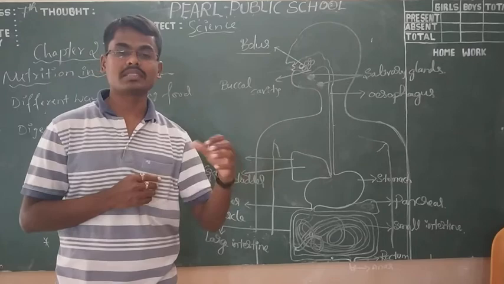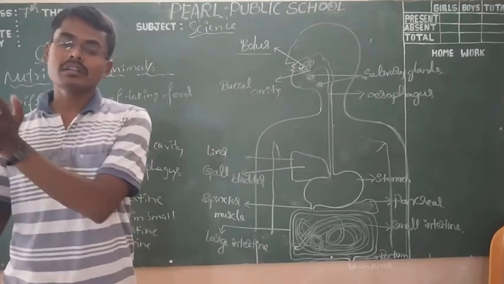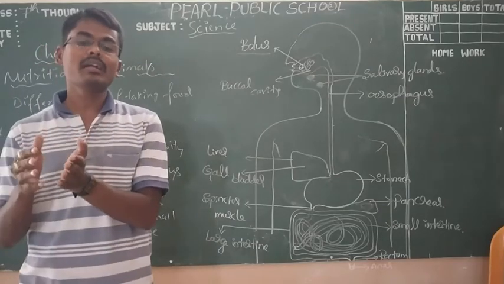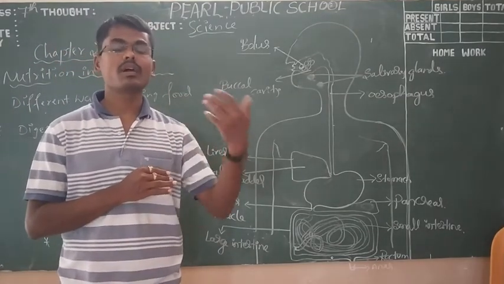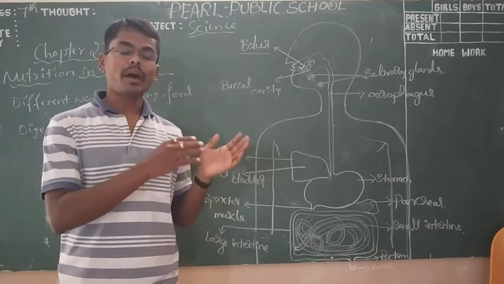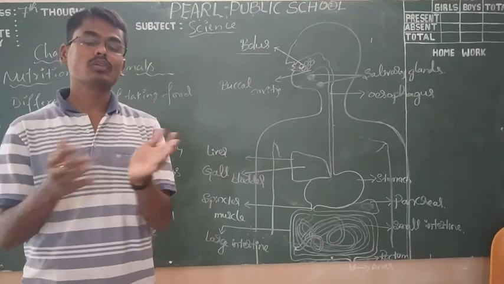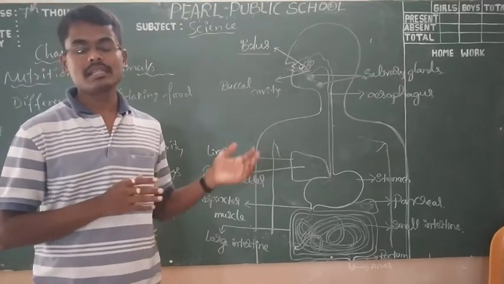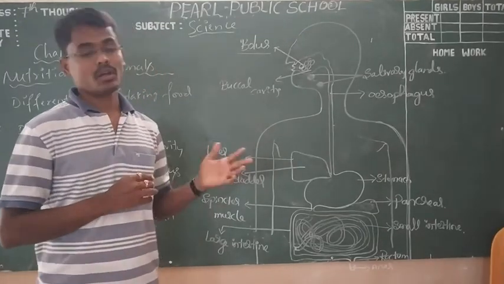In other words, we call it excretion or egestion. That is, the undigested or waste food that is not required for a human body passes through the rectum and finally gets flushed out through the anus. These types of actions are carried out in the digestive system of the human body.